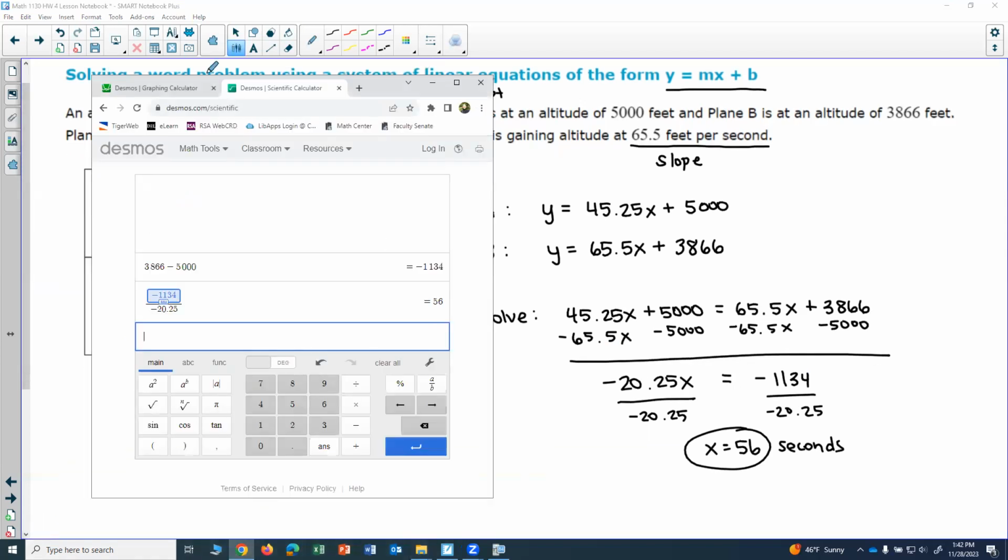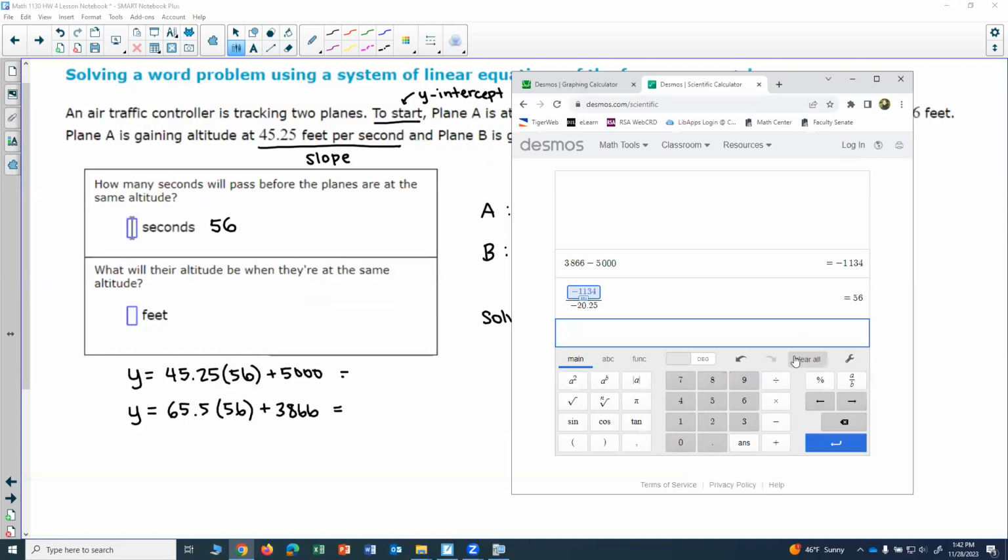So let me plug that in. 45.25 times 56 plus 5,000, I get 7,534, or 65.5 times 56 plus 3,866. I get the same altitude, which tells me that 56 was the correct number of seconds.